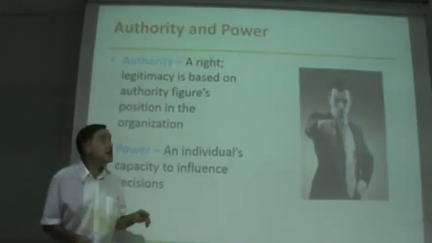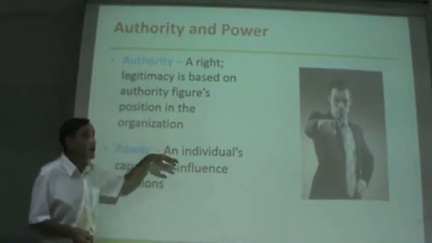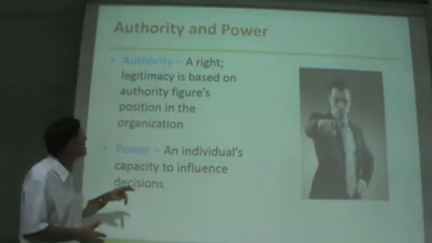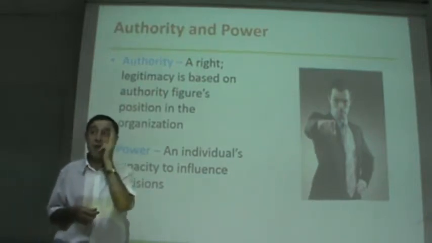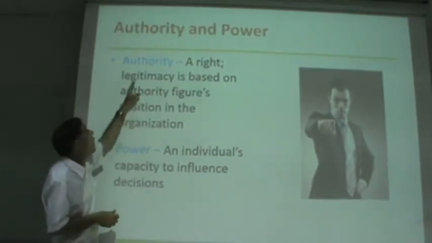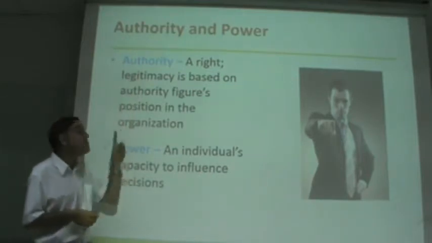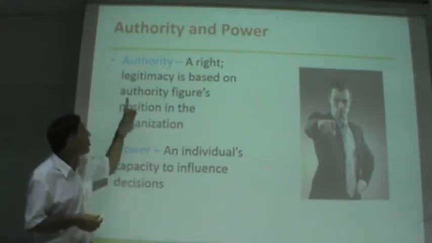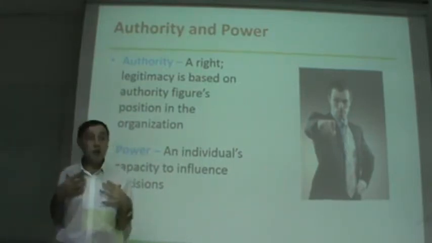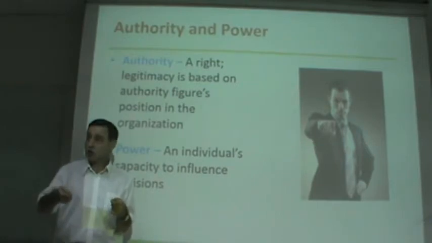All right. It's important to understand that when we say boss, it means basically authority and power. When we say boss, we mean authority. Power is very, very different. And I'll be explaining more now. So authority is the right. You are actually the boss.